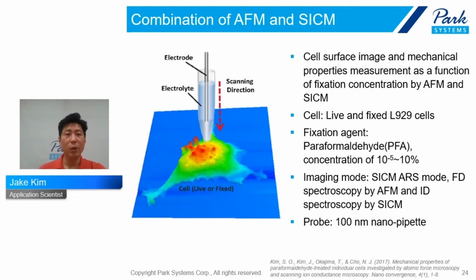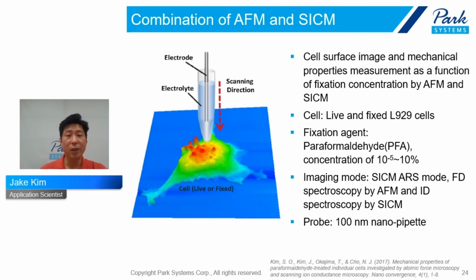Next one is the cell study by AFM and SICM. In this application, the cell surface was imaged by SICM and mechanical properties were measured by force distance spectroscopy of AFM, and also ion current distance spectroscopy of SICM was measured.